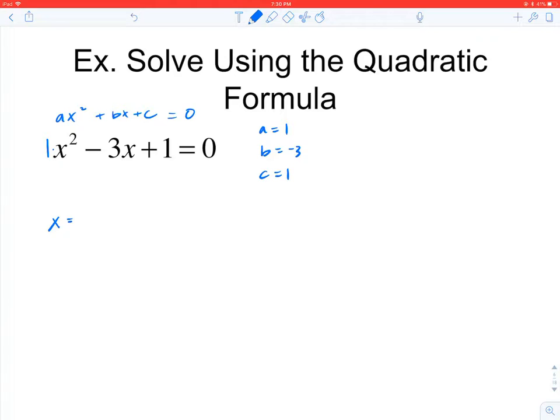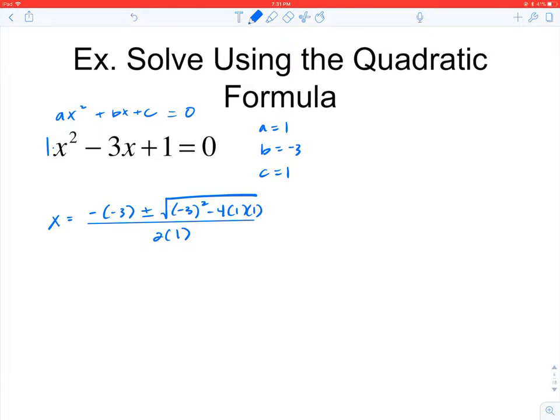So using the quadratic formula, I'm just going to substitute each of these values in for their variable. So we'll have negative b plus or minus the square root of negative 3 squared minus 4 times 1 times 1 all over 2a, or 2 times 1.